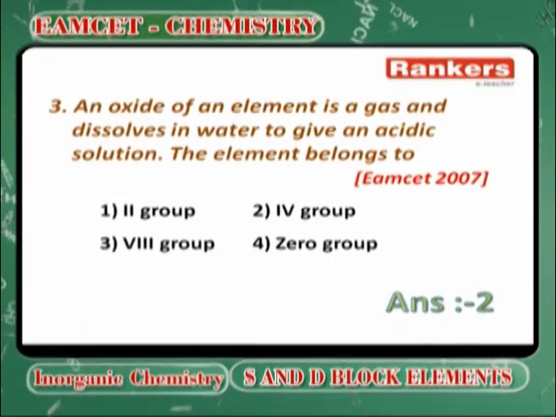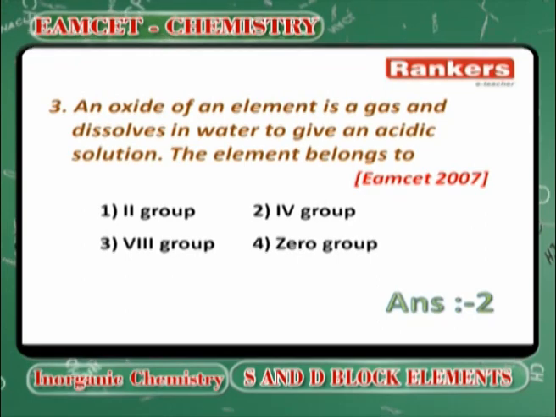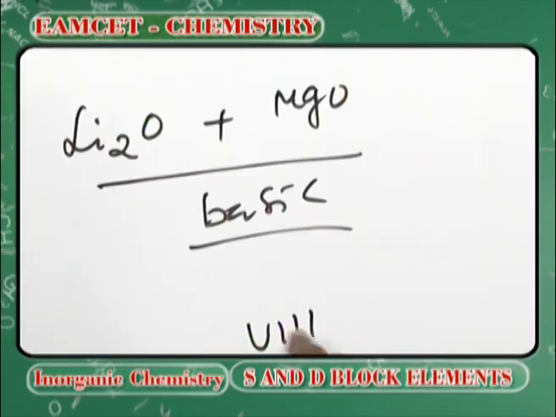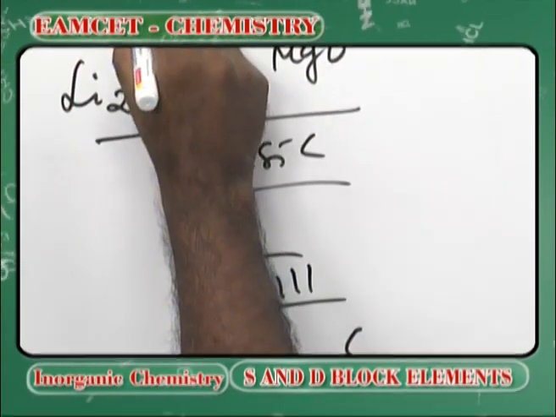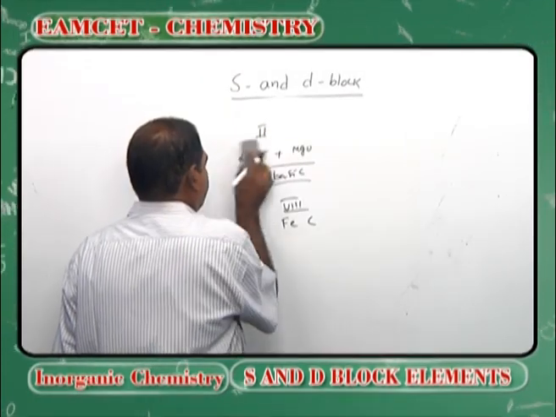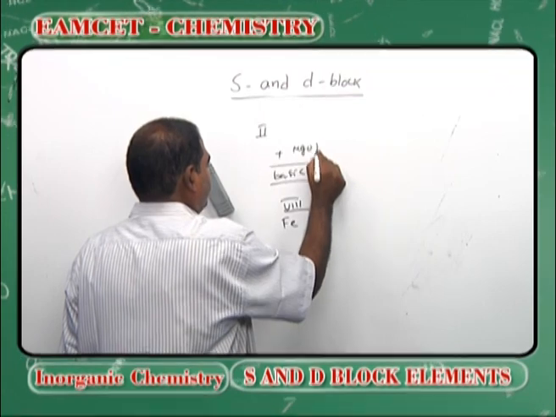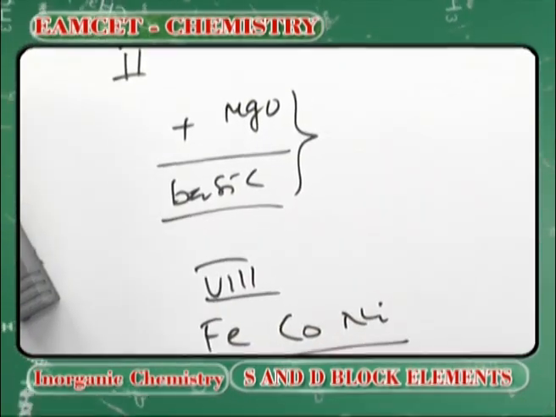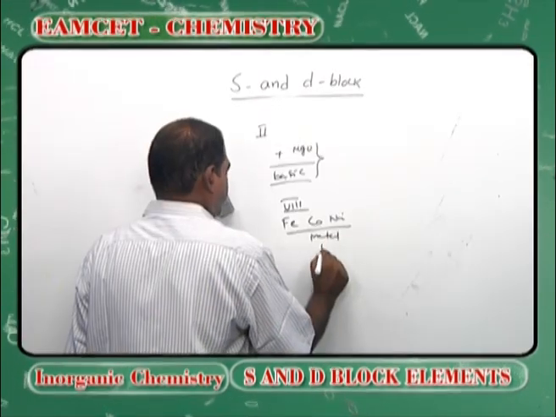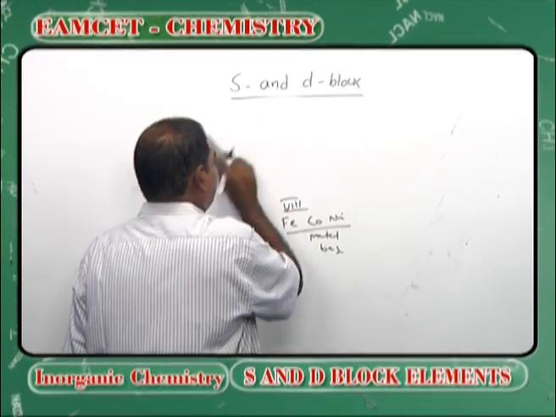Eighth group means iron, cobalt, nickel, once again metal oxides, basic. Zero group, they don't form any oxides.